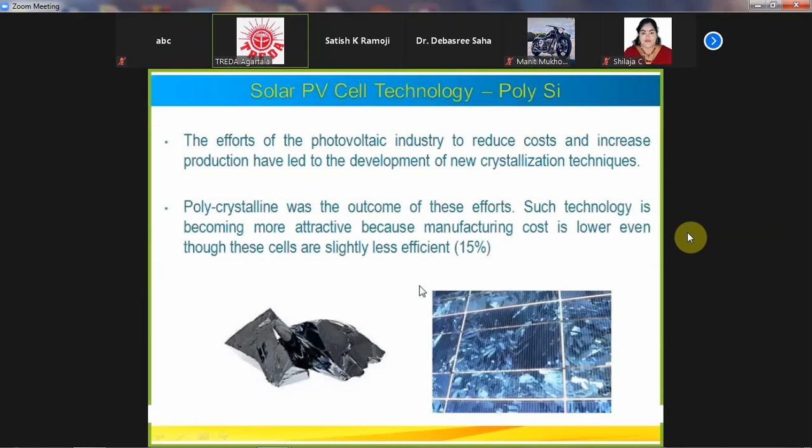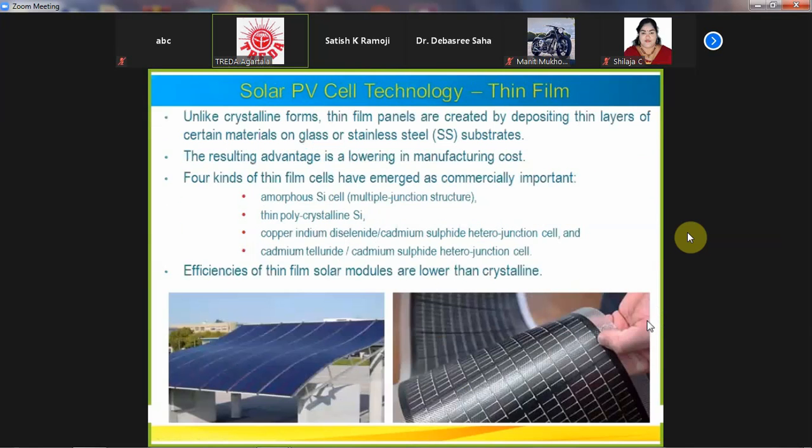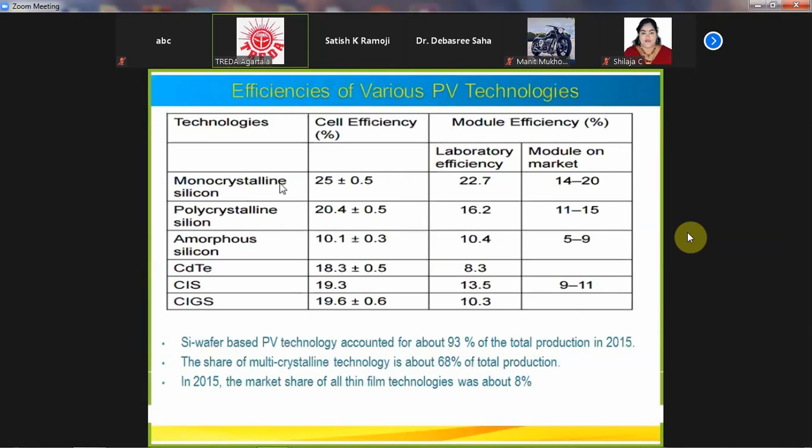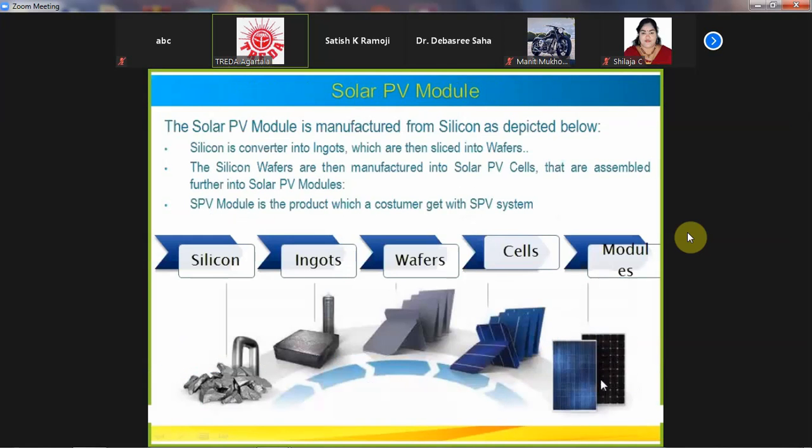Polysilicon is less efficient than monosilicon, and thin film is lower than the crystalline cell. The main cell efficiency is 25%; if we go for polycrystalline silicon, it is 20%, amorphous silicon 10%, and so on. So monocrystalline silicon is mainly used for better performance.